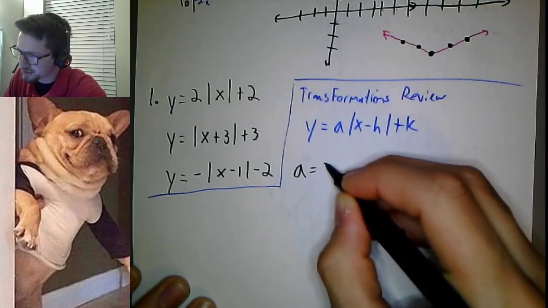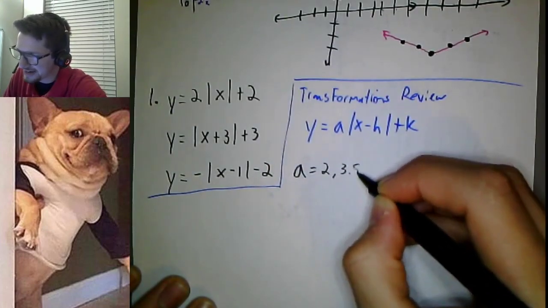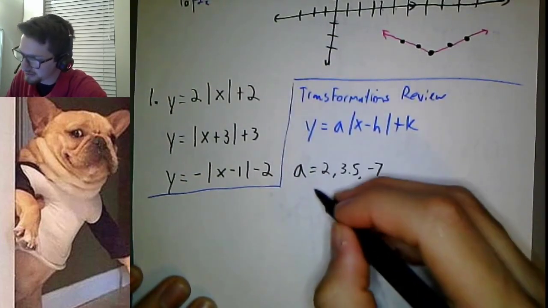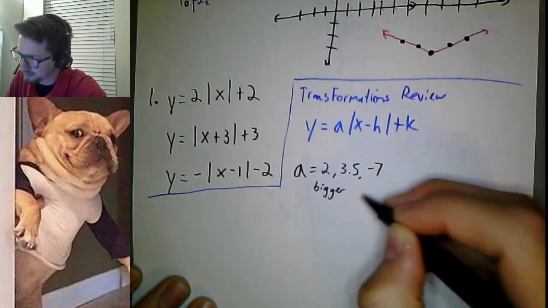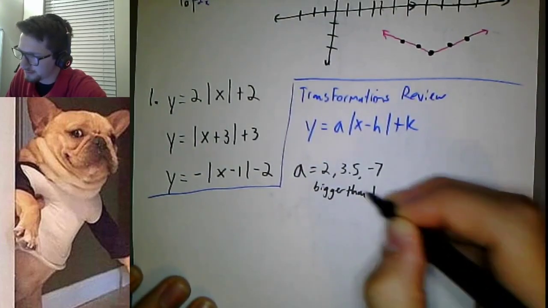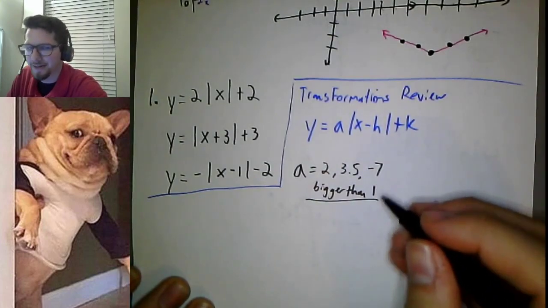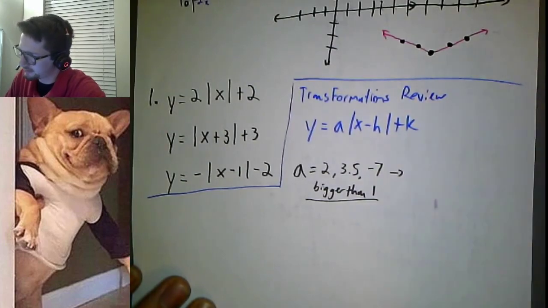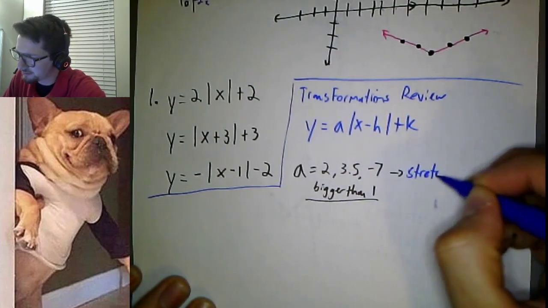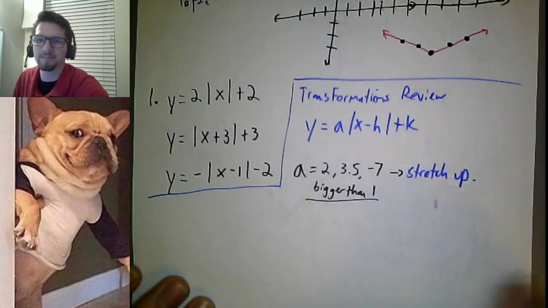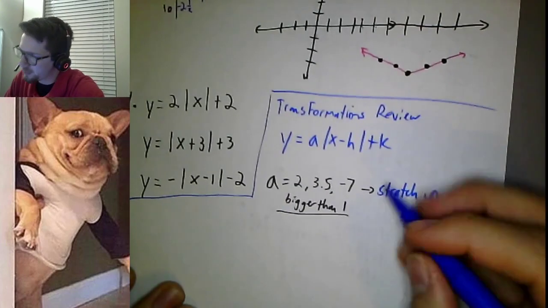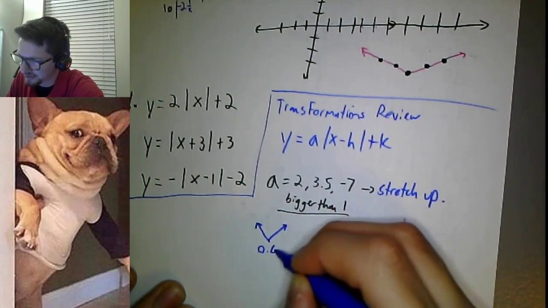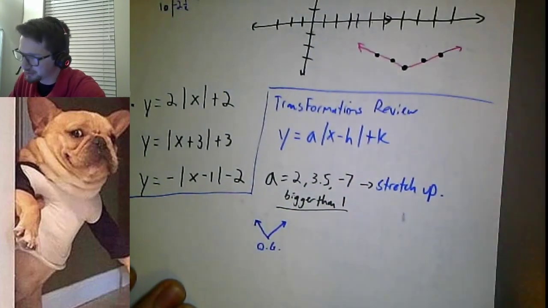If a was either 2, 3.5, -7, if it's a number that's bigger than 1, then it's going to stretch up, which means if this is the normal, the original, stretch up would look like this.